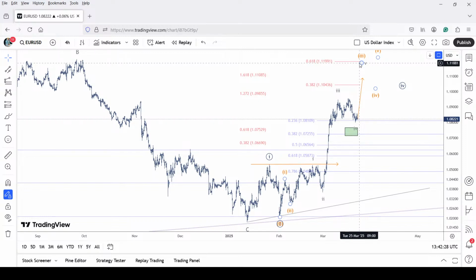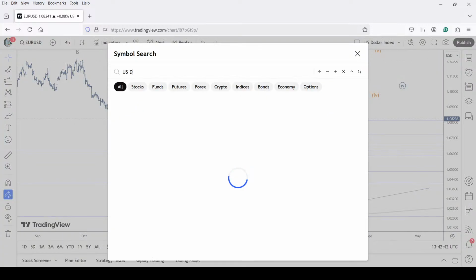That should continue for this week as well, and that leaves us with a good amount of room for the month of April to kind of produce a corrective decline. All right. So that's the story in the Euro USD. Let's go back to the dollar index now.